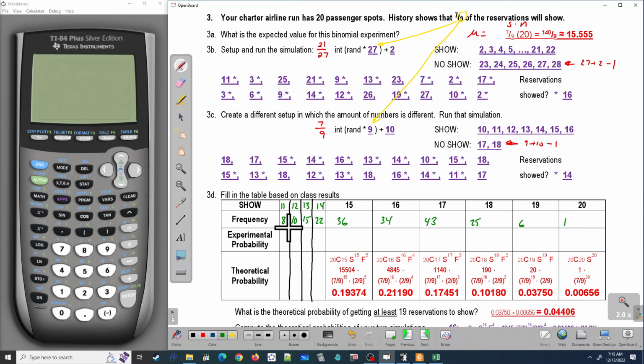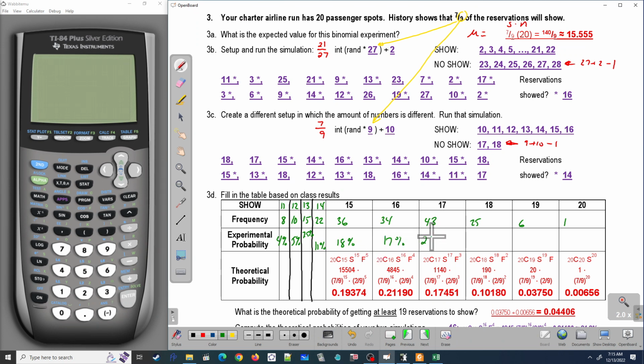I'm just going to write down what it is as a percent, which in this case is 4% of the time. This ended up being 5% of the time. 13 occurred 7.5% of the time. 14 occurred, it looks like, 11% of the time. 16 was 17% of the time.